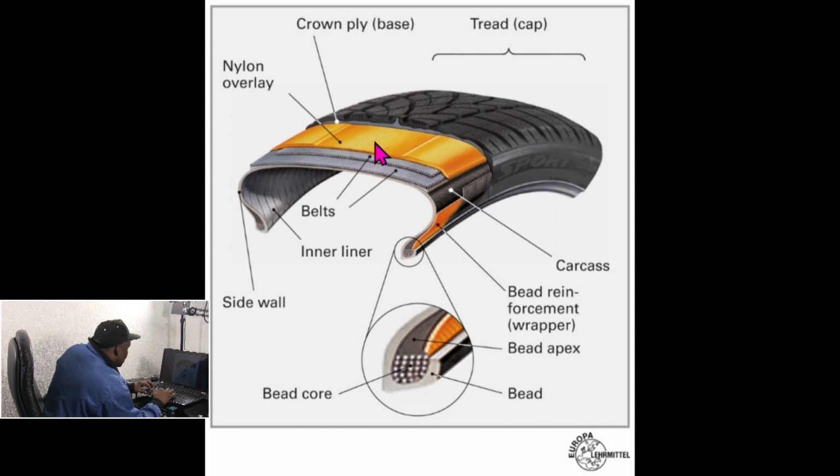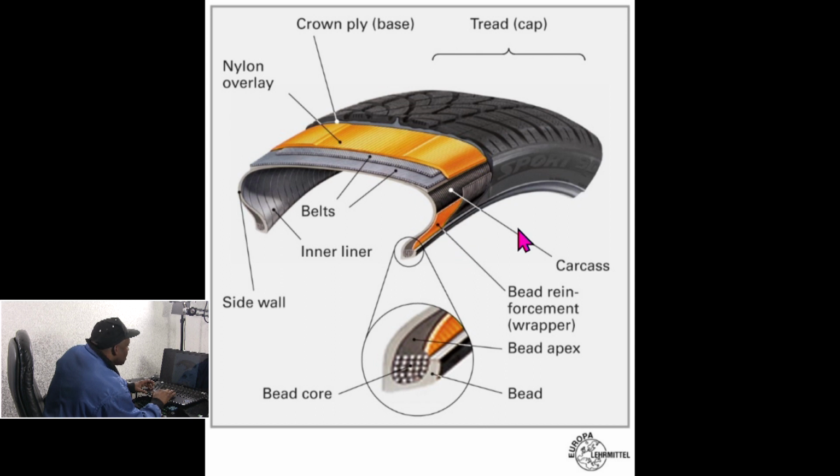The inner one. The upper one is the crown ply, which is the base. At the side, the side carries a lot of weight from the vehicle. It was made stronger. If you watch the left and the right, it is stronger.